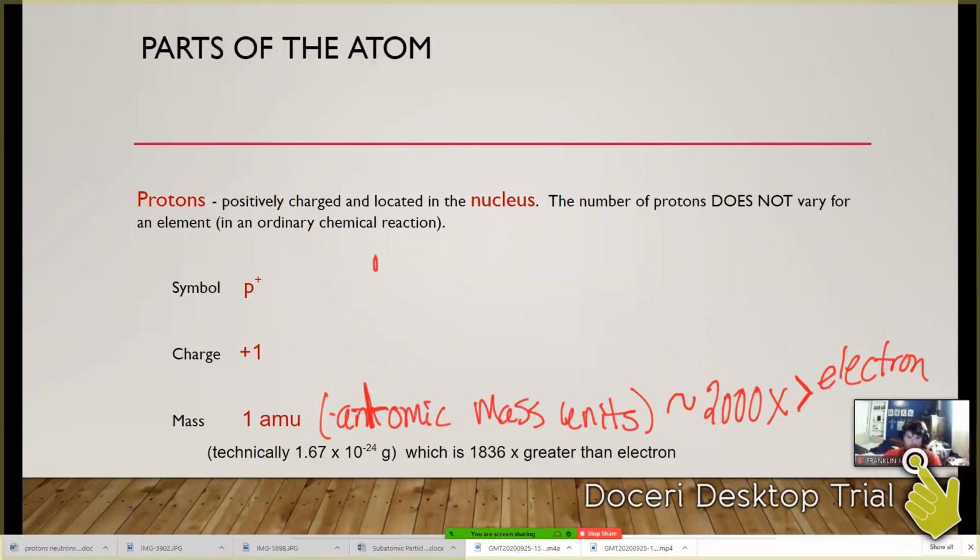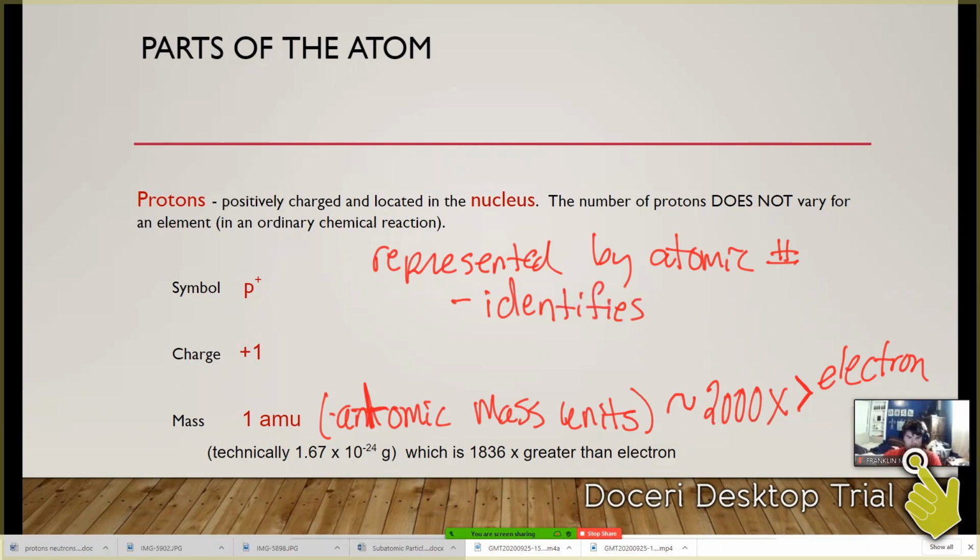Your protons are represented by the atomic number. And your atomic number identifies an element because it doesn't change. Your atomic mass or your mass number may change, but atomic number does not change.